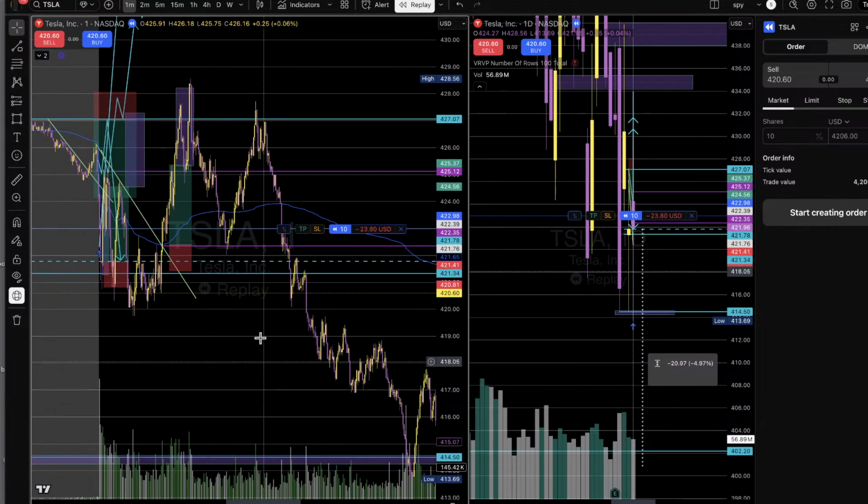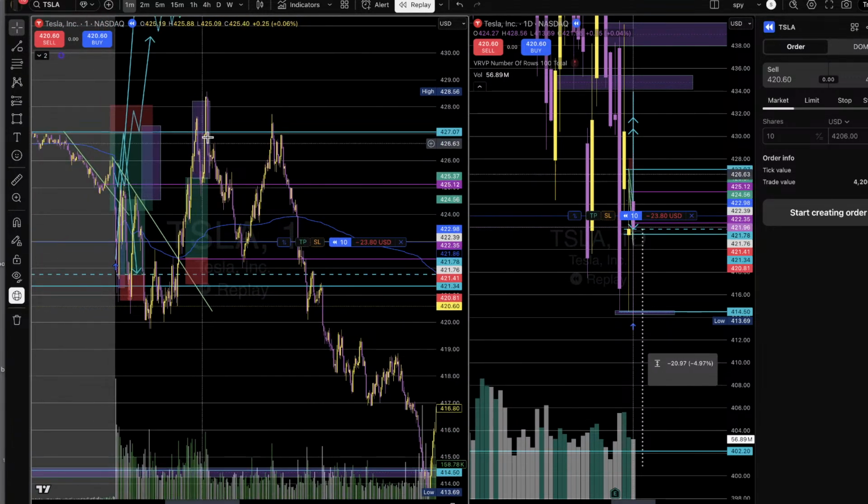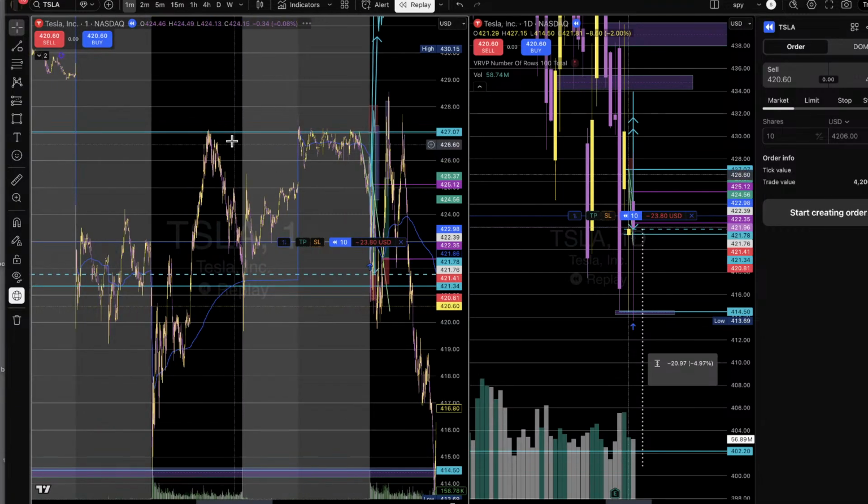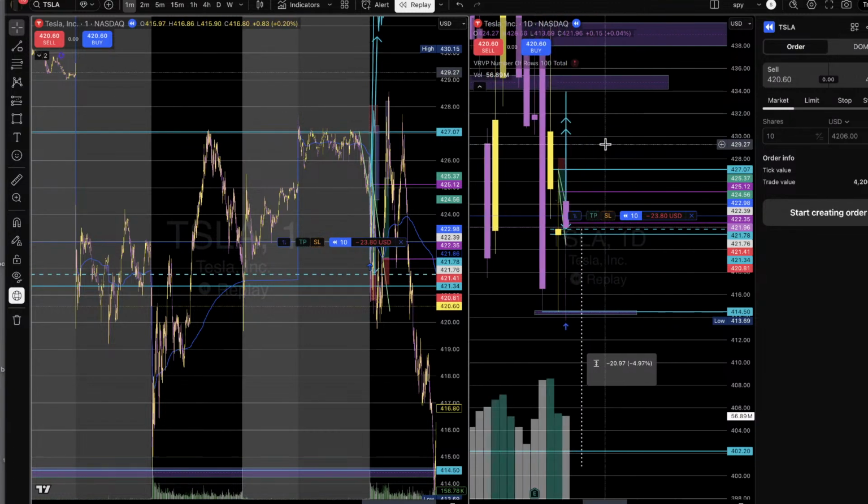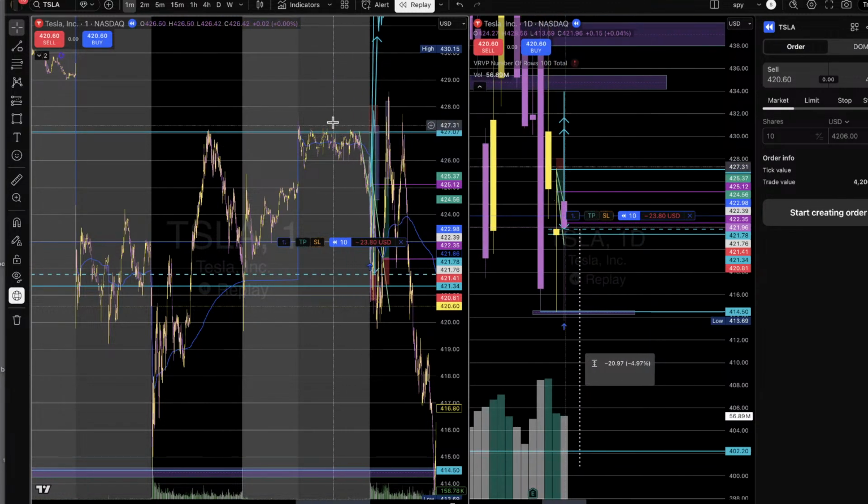And I guess you can say, look, that area where it was gonna reject, it technically did reject, but it went through it a lot. It's where are we in the daily? Man, it went through it a lot.